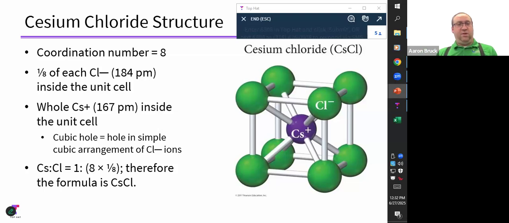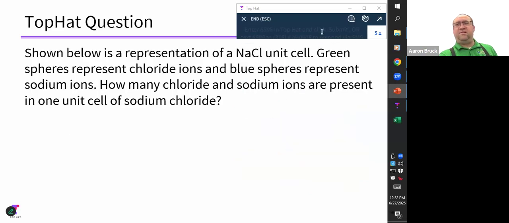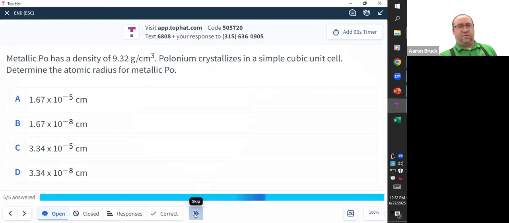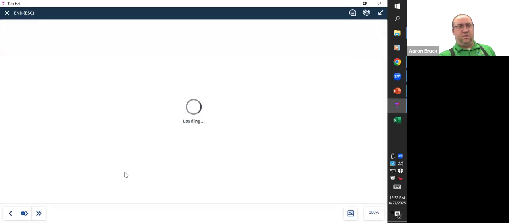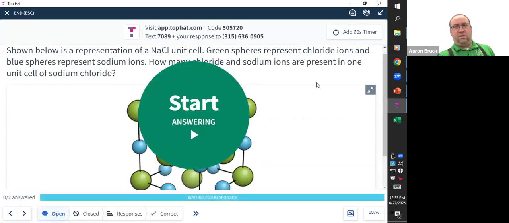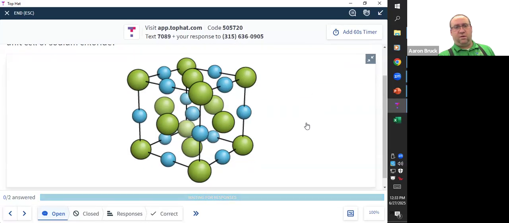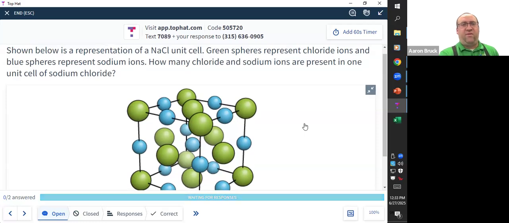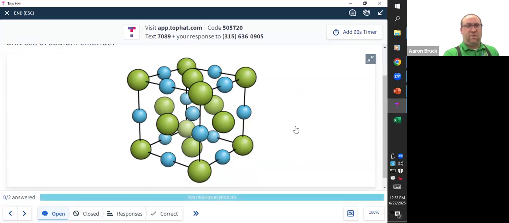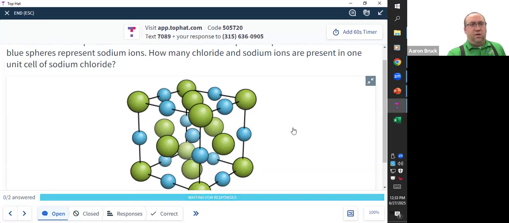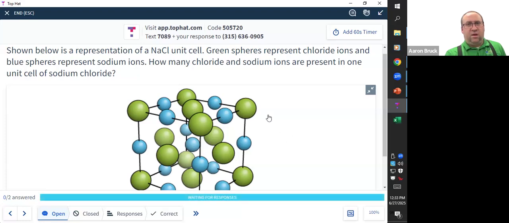Let's take a look at another one. Well, let's take a look at this one. Here we have a sodium chloride cell. The green are the chlorides, the blue are the sodiums.